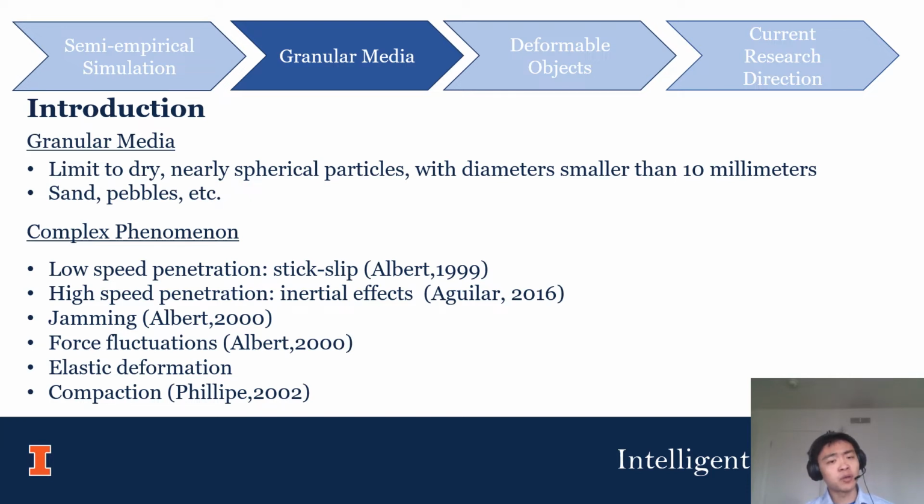The most dominant one is what's called stick slip, analogous to Coulomb friction. We also have high-speed inertial effects, jamming, force fluctuations, elastic deformation, compaction, and memory effects, meaning that when we disturb the sand, the shape would change.